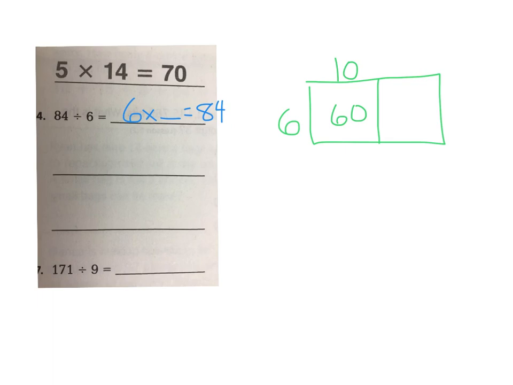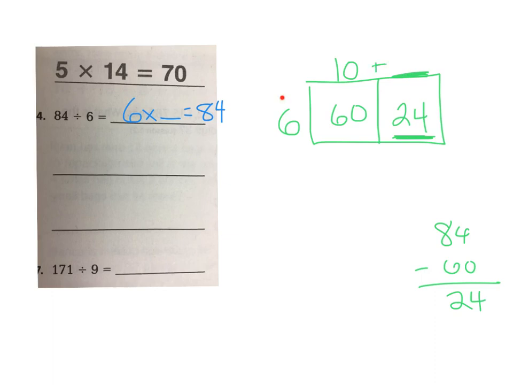That's way too high. Now, what's my mystery number right here? I have to figure out 60 plus what to give me this 84. Well, 84 minus 60 is going to give me 24, then that's going to go right there in the box. And now you can figure out this number right here.